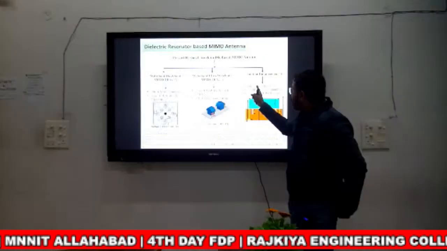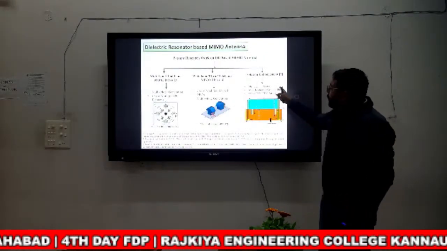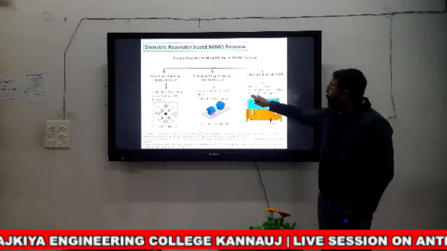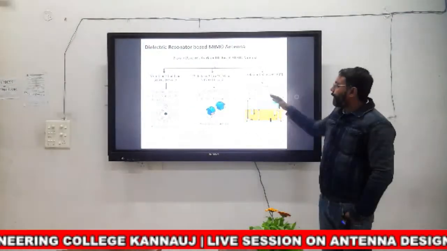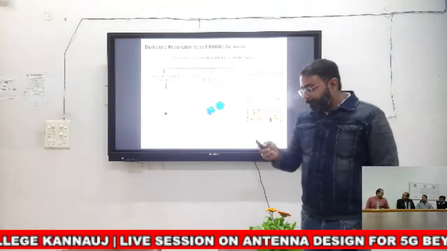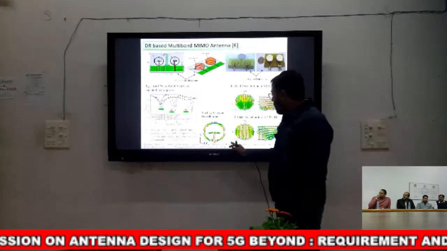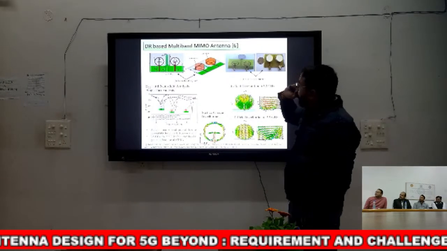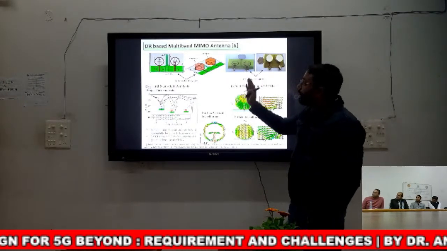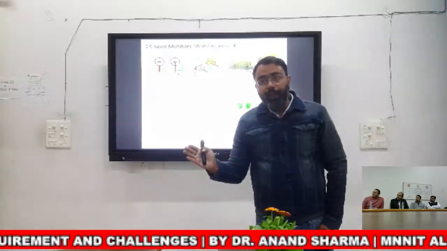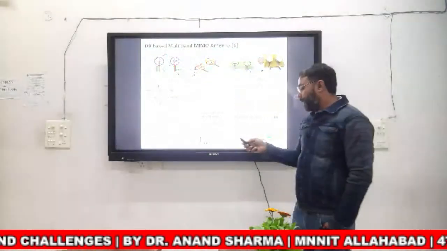One of the important areas is polarization diversity, modification in the ground plane, and use of FSS and EBG structures. Now this is also my published paper, and here we are using modification in the ground plane to improve the isolation.